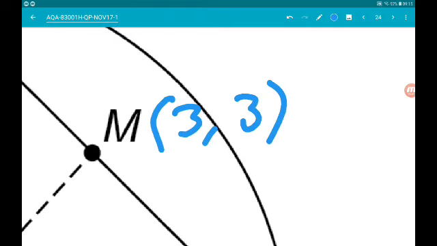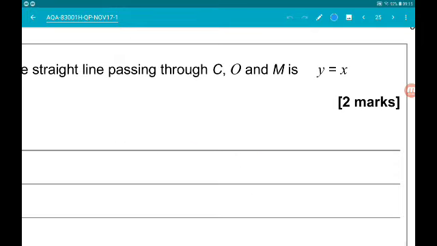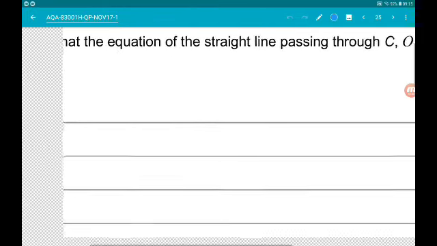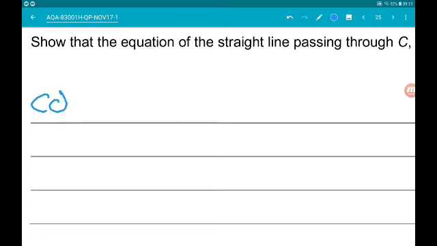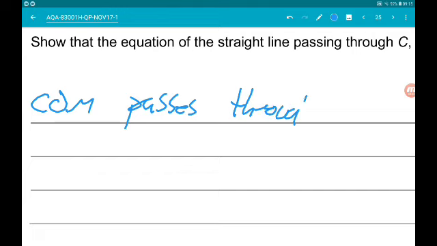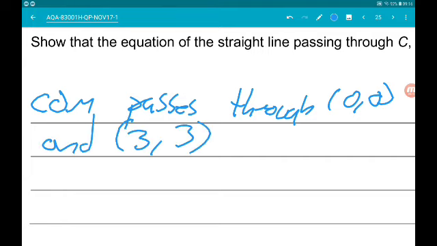So we could say that COM passes through 0, 0 and 3, 3.